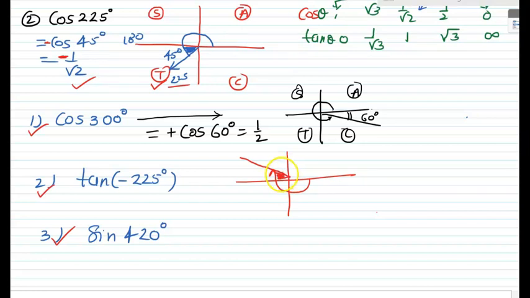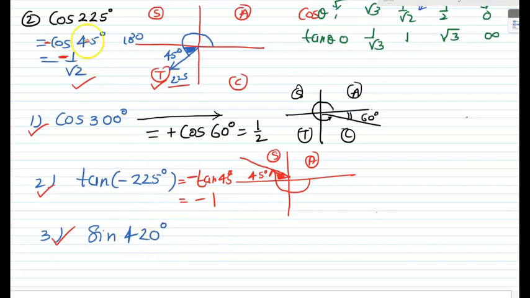Yes, 45 degrees. So it is tan 45 degrees. Where are we? Add sugar, the S house, sign is positive. So this should be negative. So tan minus 225 is minus 1. Is that okay?